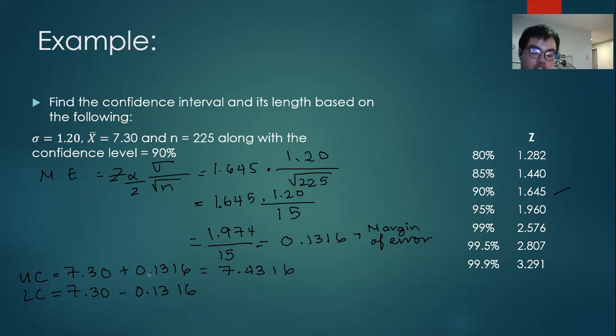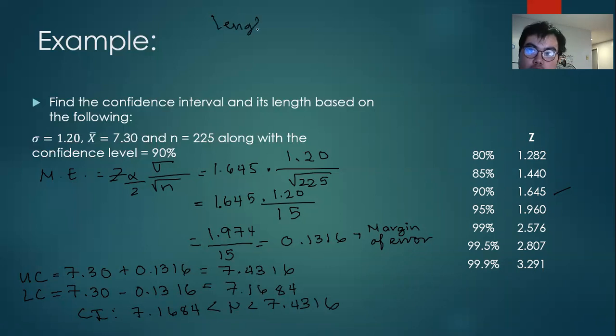The difference will be 7.1684. Therefore, the confidence interval states that according to 90%, 7.1684 is the lower bound, while the upper bound is 7.4316.